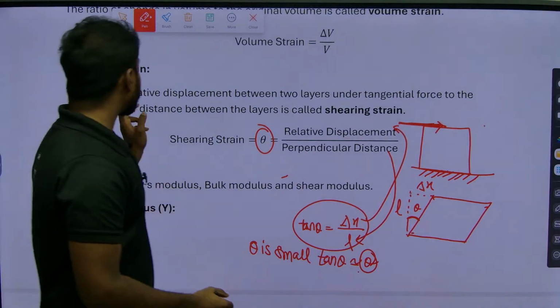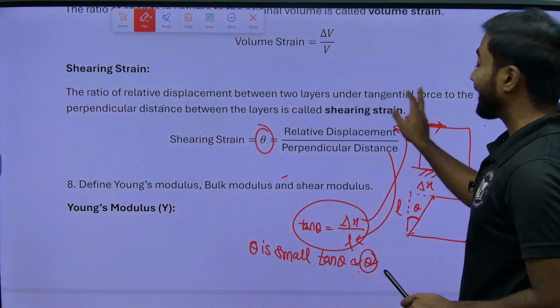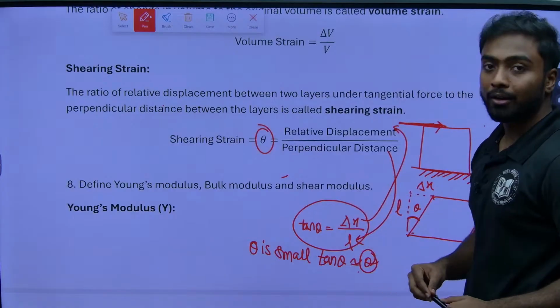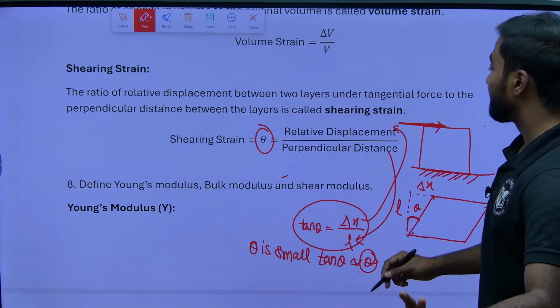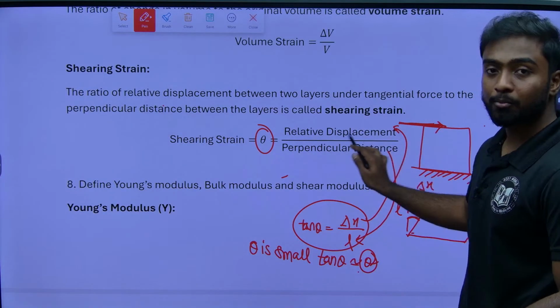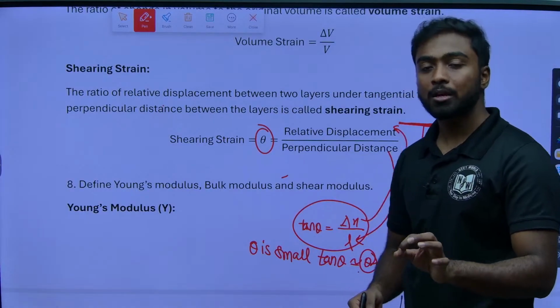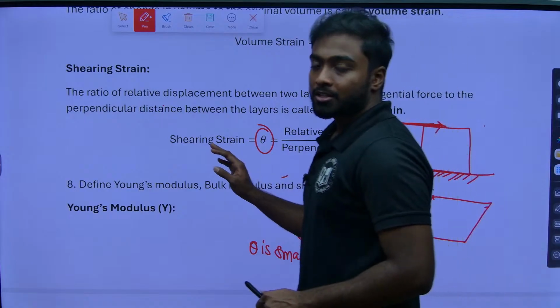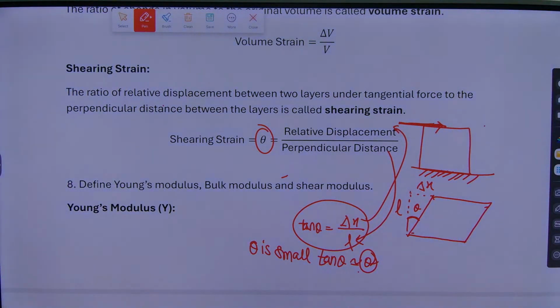The ratio of relative displacement between two layers under tangential force to the perpendicular distance between the layers is called shearing strain. In simple words, it is the ratio of relative displacement to the perpendicular distance when we apply a force parallel to the object. This is about the shearing strain. I hope you got clarity about this.